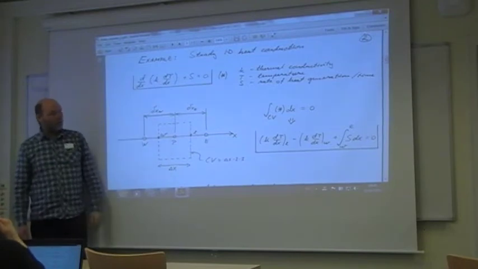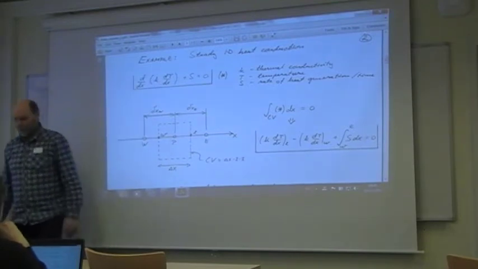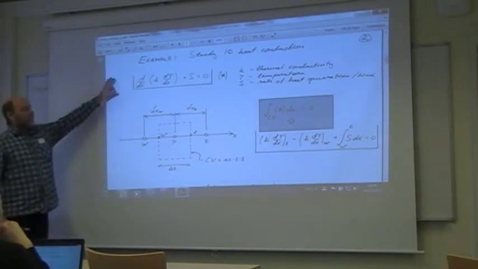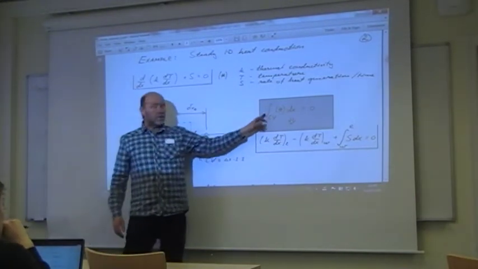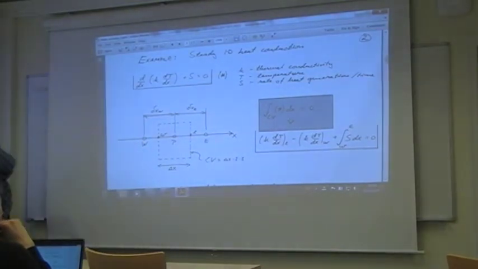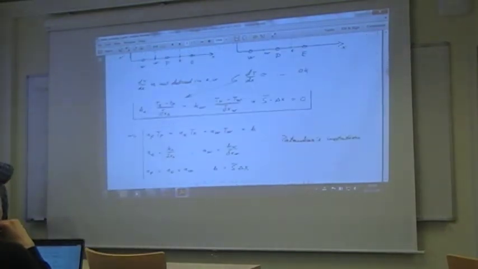With an integral formulation, you can have sudden jumps in quantities, that's still allowed. So you cover more physics by using the integral formulation directly. So here, I shouldn't have done this. I should have written this equation up directly and started here.